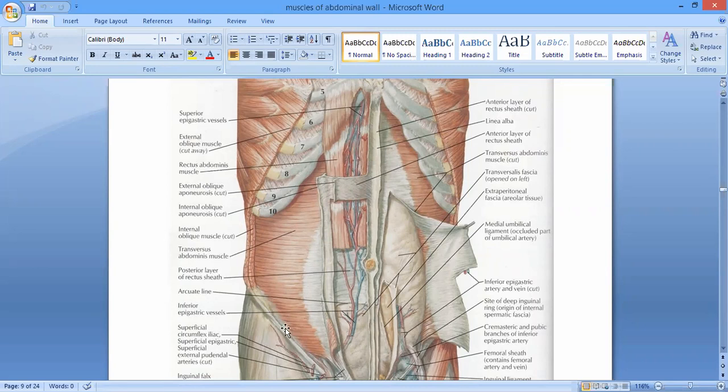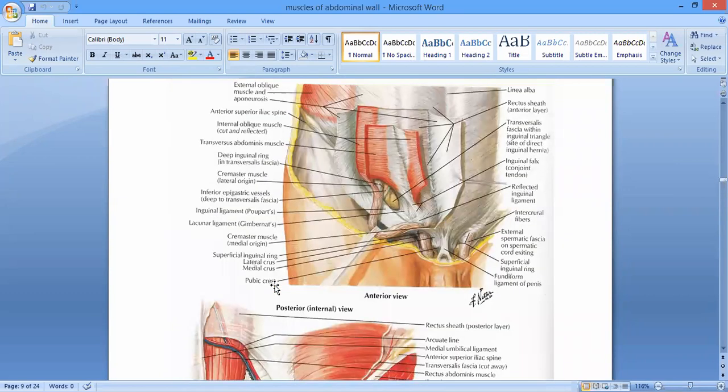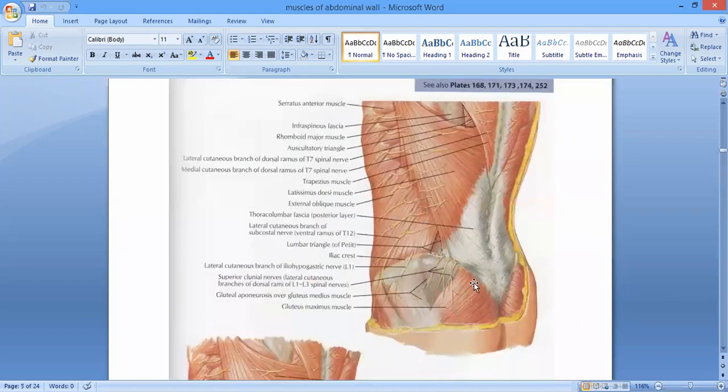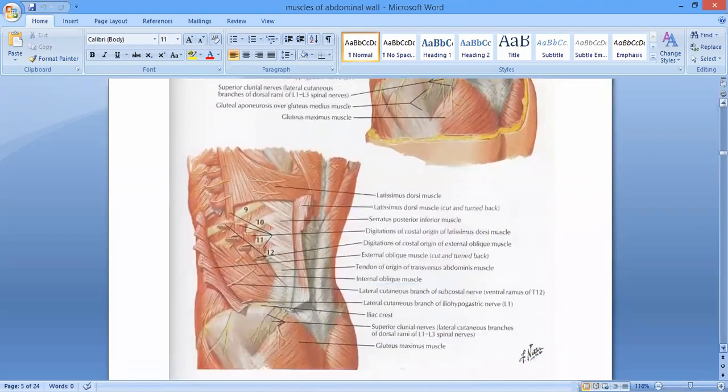So you see the inguinal ligament here laterally gives origin, and then the inner lip of the iliac crest, then the inner surface of the lower 6 ribs, and posteriorly it is coming from the lumbar fascia, okay.